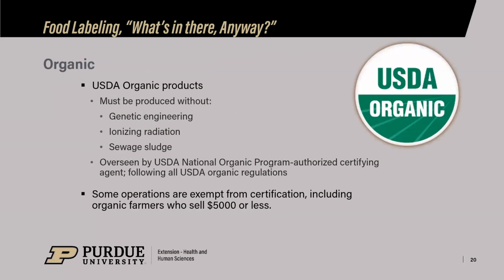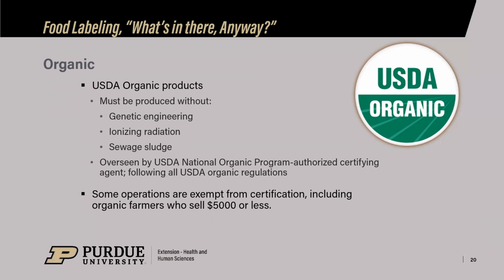A really common one is organic. So USDA organic products have strict production and labeling requirements. So organic products must be produced with no genetic engineering, ionization, radiation, or sewage sludge. And also organic does not mean pesticide-free. I think a lot of people confuse organic with being pesticide-free.